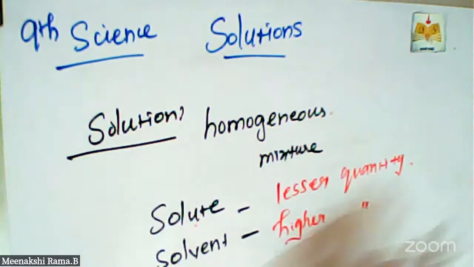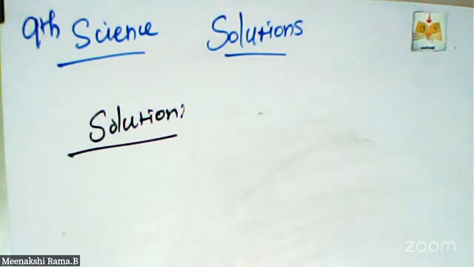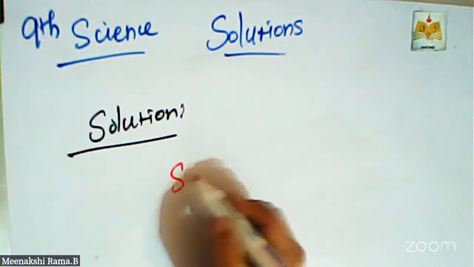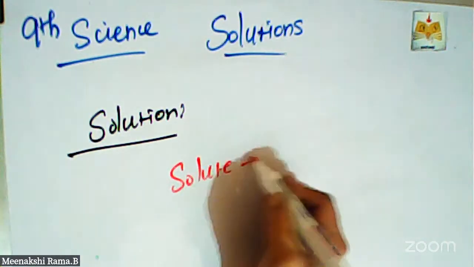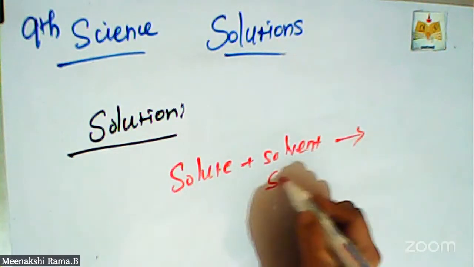So this is the basic detail about solution. Solution means solute plus solvent. How is the solution formed? These two components join to form a solution. Solute plus solvent, we will get the solution.